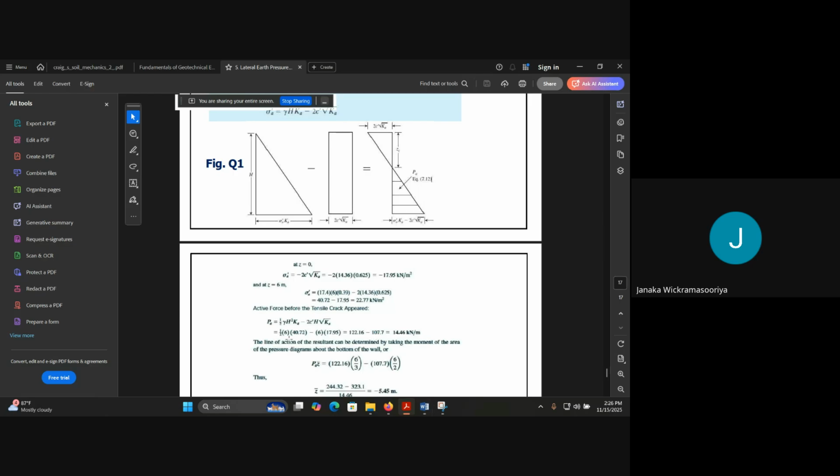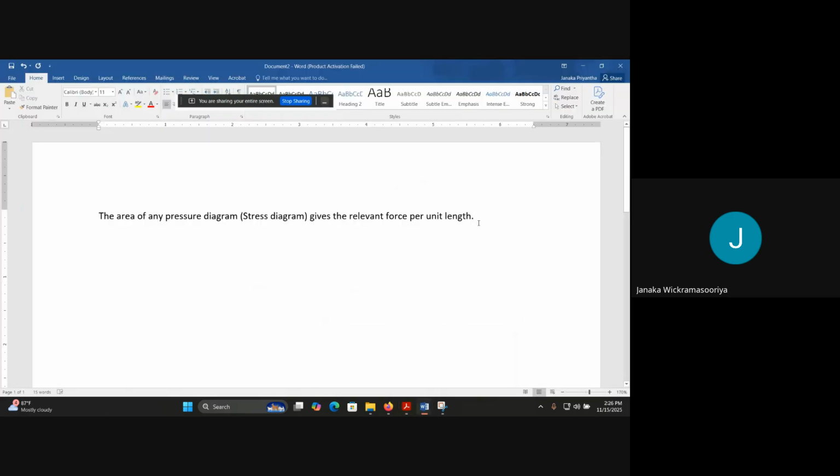And the next one, the line of action of a resultant can be determined by taking the moment of area of the pressure diagrams about the bottom of the wall. This is A level, right?